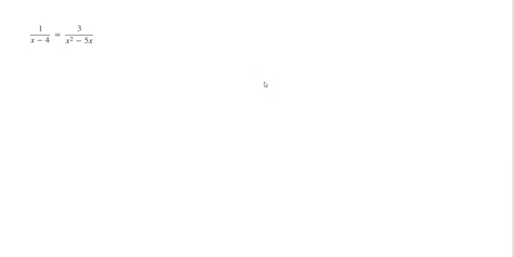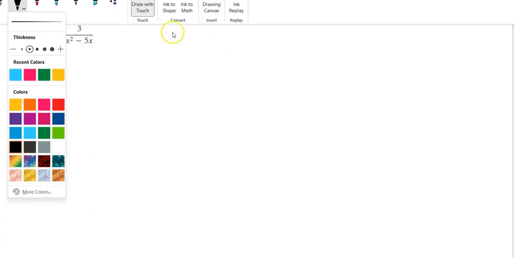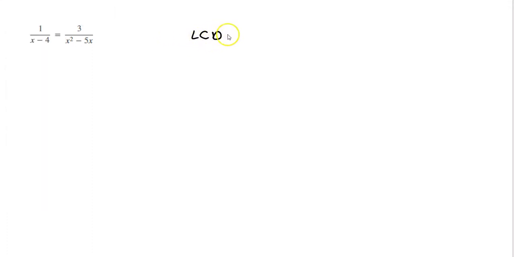Well, let's look here. What do we got going on here? We've got another proportion going on here, which means I can go ahead and come in here and start trying to find the LCD. Well, my LCD for this one is going to be x minus 4. Well, look right here. Here, I can factor out an x, and I'm going to be left with x minus 5.